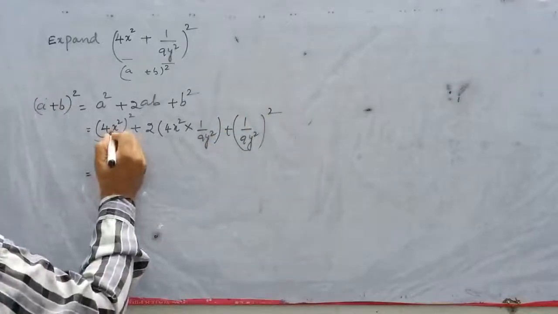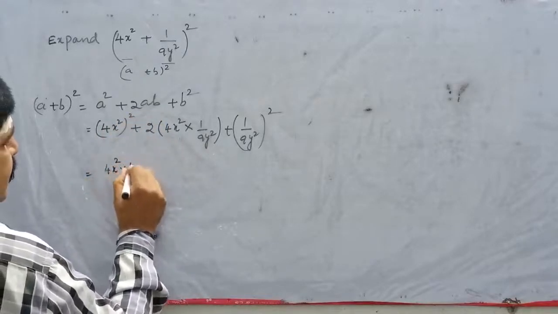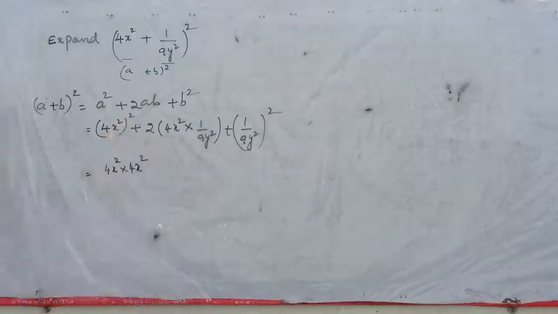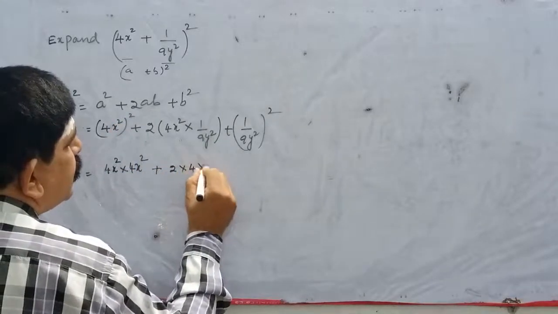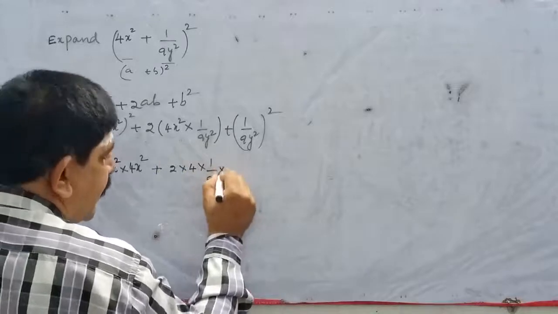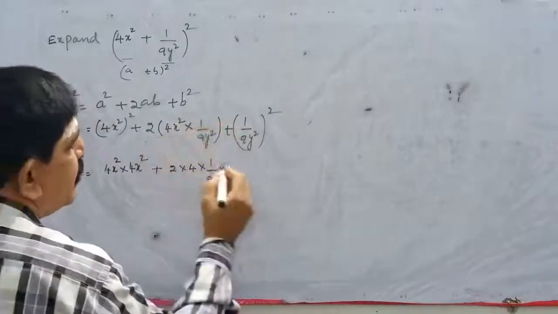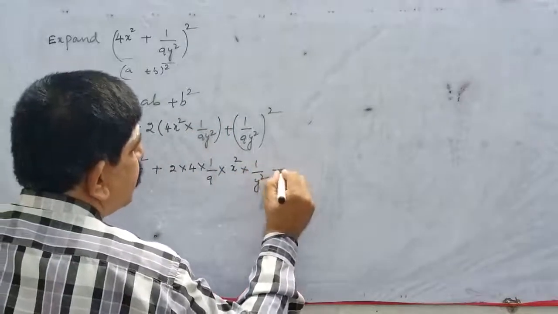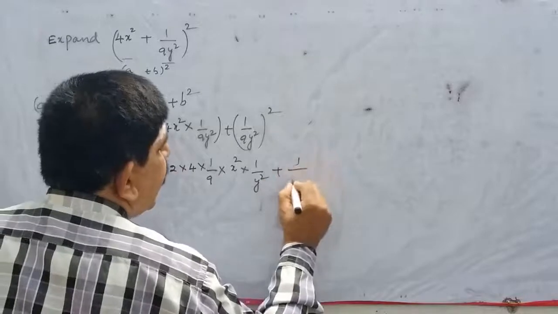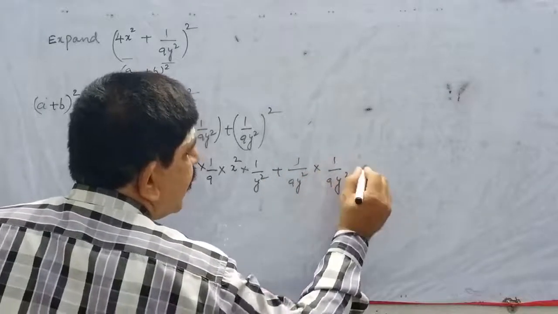Now (4x square) whole square can be written as 4x square into 4x square. So 2 times we have to write, plus 2 into 4 into 1 by 9 into, so these are numerals to numerals and variables to variables now. x square into 1 by y square plus 1 by 9y square into 1 by 9y square. Like this also we can write.